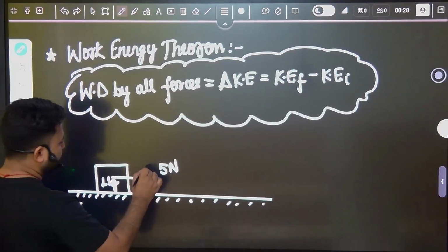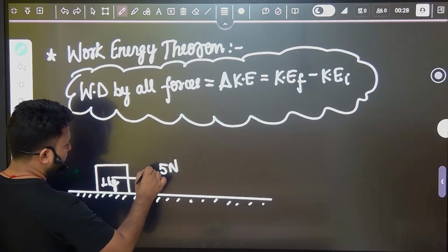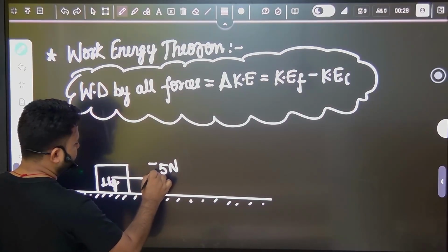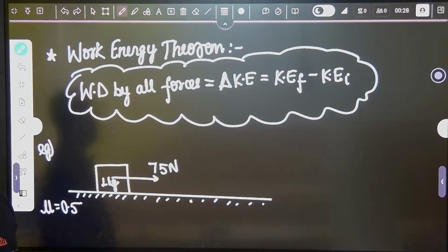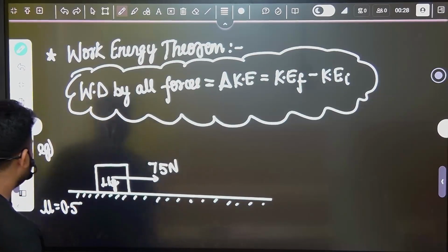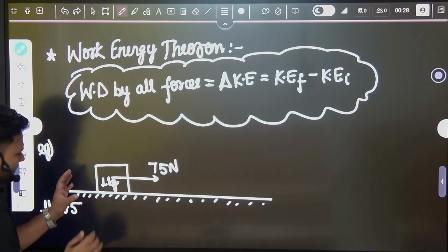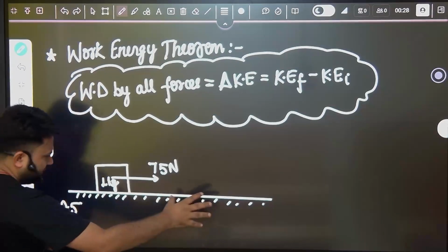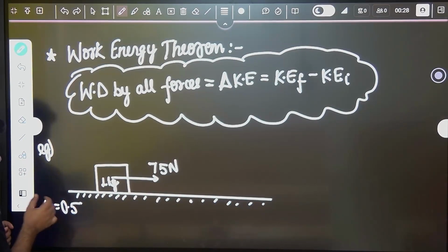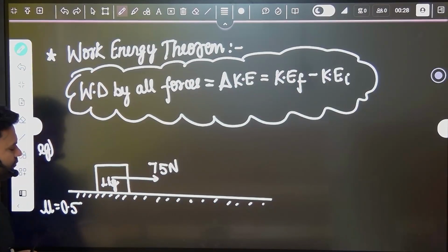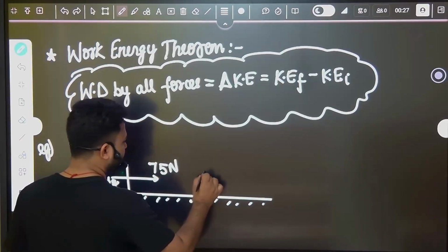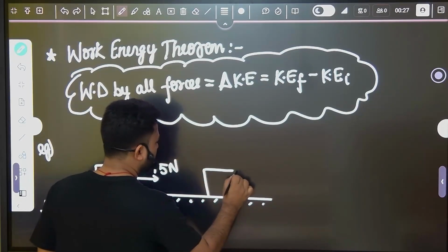Suppose you have applied, let's say, 75 Newton, okay? And this surface is rough, coefficient of friction is 0.5. You have applied 75 Newton force. This is the 1 kg mass. So this mass gets displaced from here to here.